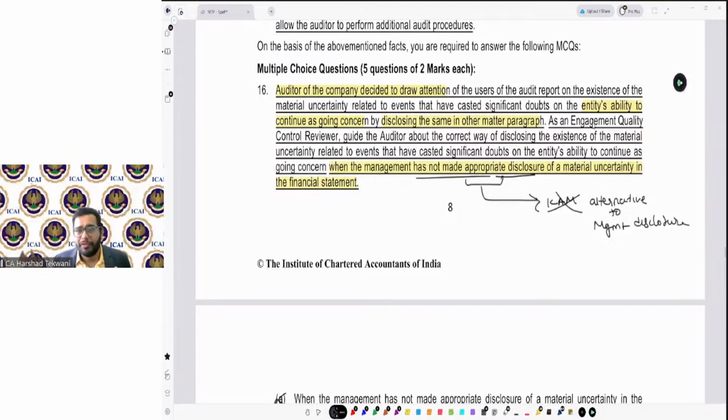If reporting is not as per the applicable financial reporting framework, then I'm required to issue a modified opinion. Now, a modified opinion can be qualified or adverse, based on the given scenario, the amount, the nature, and everything, considering everything. So, as I said, because of these two reasons, I will be issuing a modified opinion.